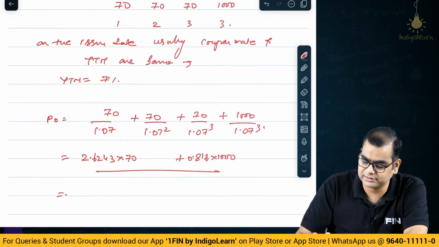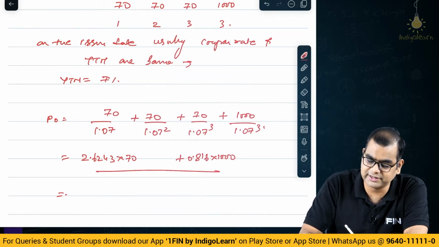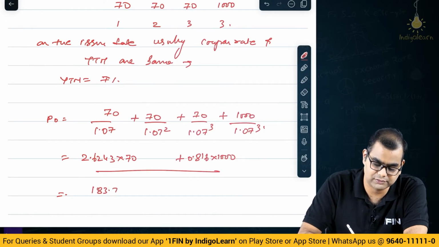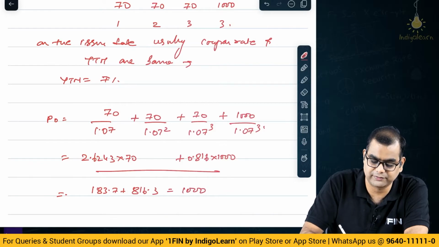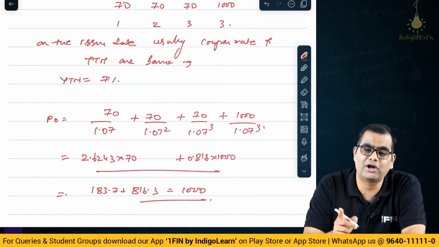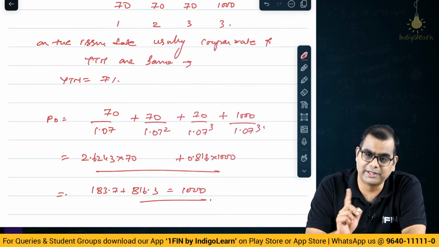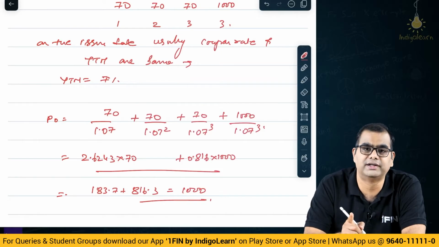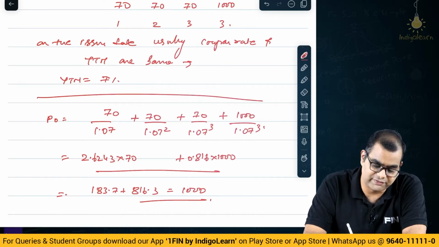That will be 183.7 plus 816.3, which is 1000. So, the rate at which you discount the bond on the date of the issue, more often than not, is the coupon rate, because you will price your bond in such a way that the coupon is equal to the yield. So, this is the first part.